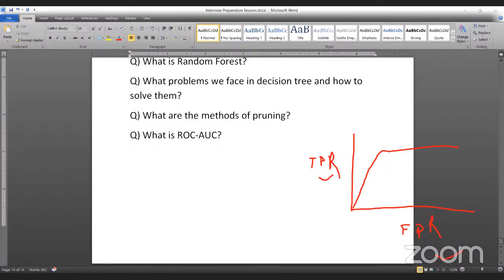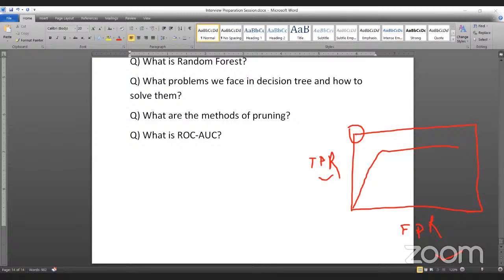So you can say, suppose this is the curve, the closer it is to the upper left corner, the better our model is. So with this curve we can find this out. How close this curve is to the upper left corner, the better our model is.